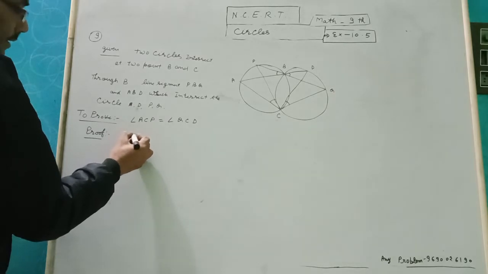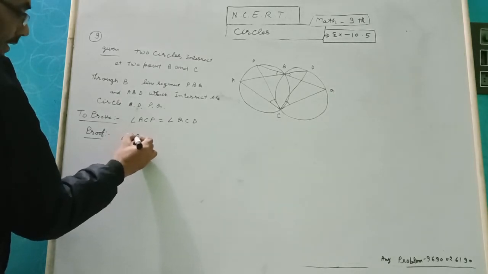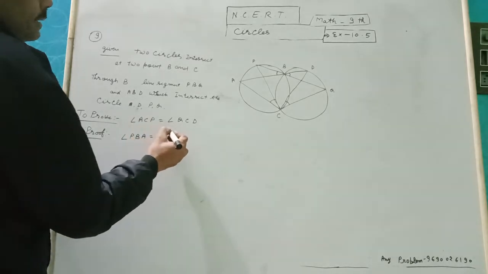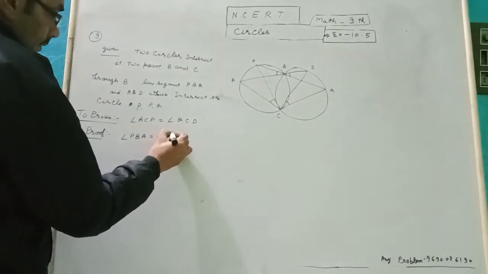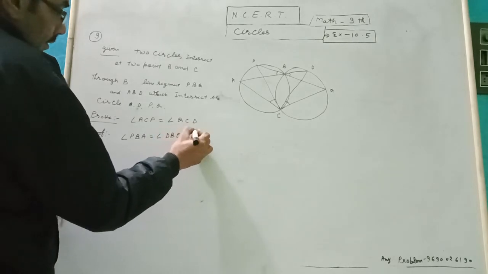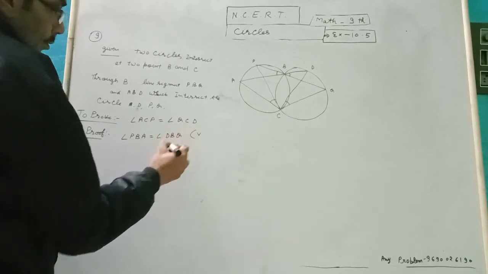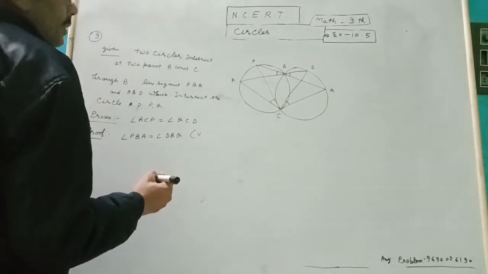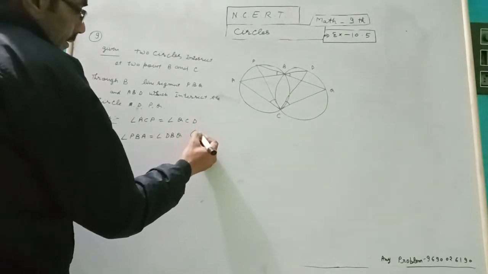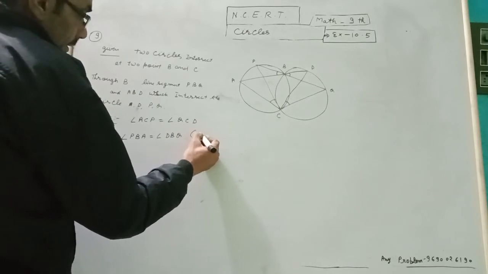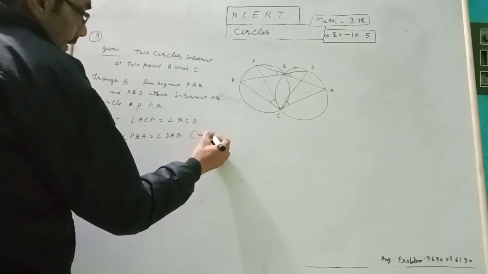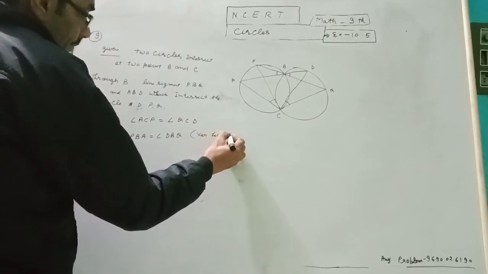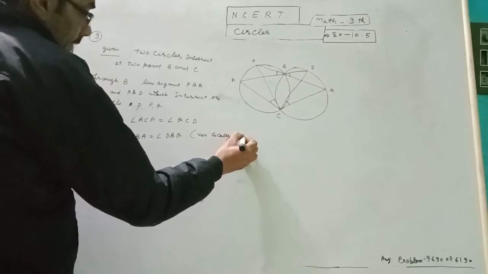Angle PBA is equal to angle DBQ, because the two lines AD and PQ cross and intersect at B, then they are vertically opposite angles.